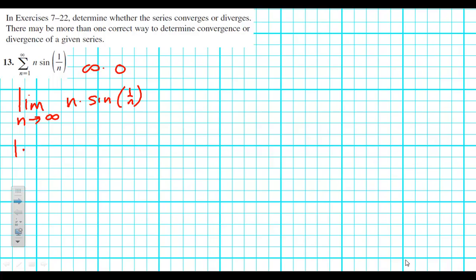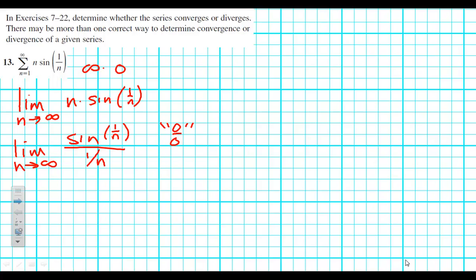So let's rewrite this as the limit as n approaches infinity of sine of 1 over n, and instead of n, I'm going to write this as dividing by 1 over n. When we do that, we get a 0 on top and a 0 down here. This is now in the indeterminate form 0 over 0, and now we may apply L'Hopital's rule.